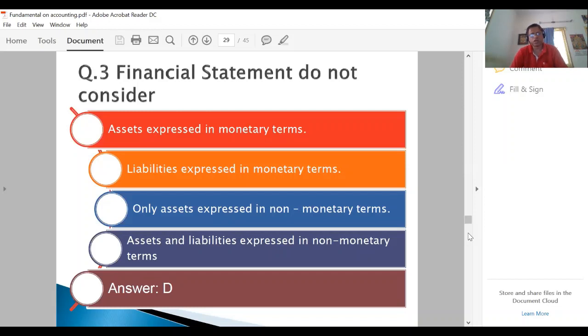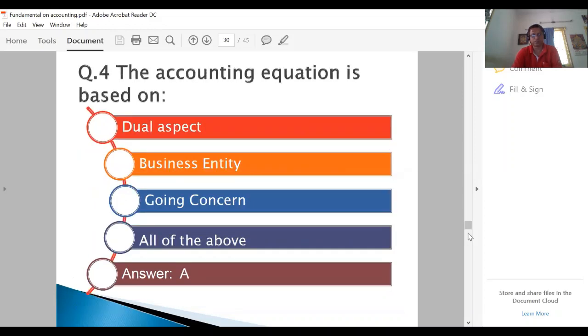Just recall and remember, accounting means recording, classifying, and summarizing financial transactions. If there is no financial transaction, we cannot do accounting, right? So coming back to the answer, the financial statement does not consider anything measured in non-monetary terms, right?